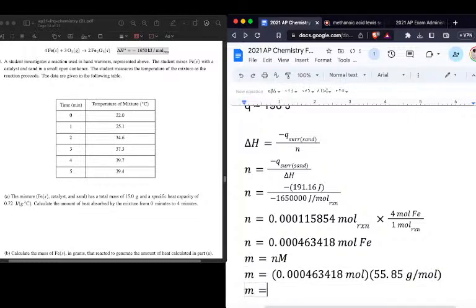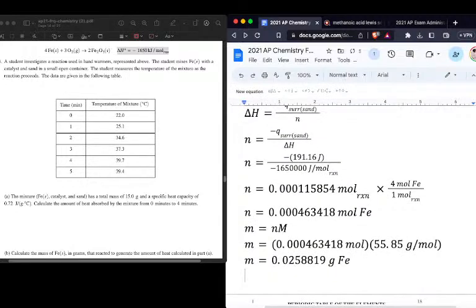So my M is 0.0258819 grams. With sig figs, that is still just 2 significant figures because of the 0.72 that they gave us. 0.029 grams. Okay, I got 0.029 grams of iron. Good job, we did it.